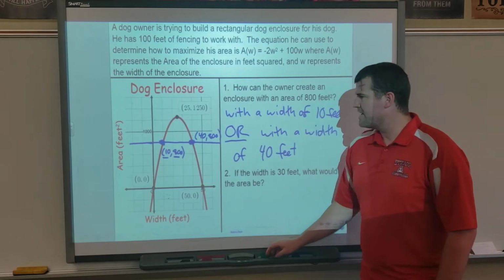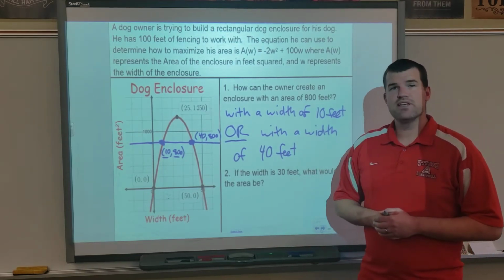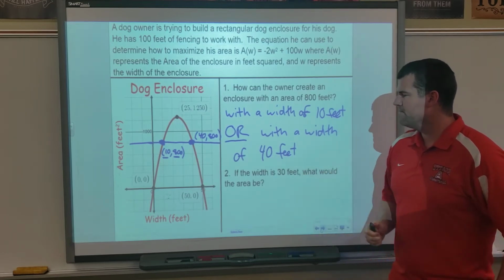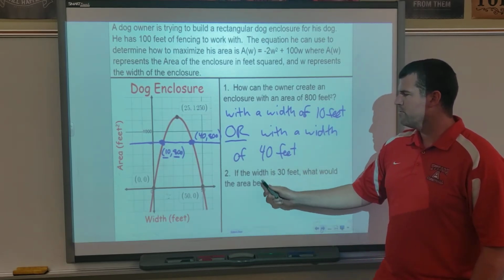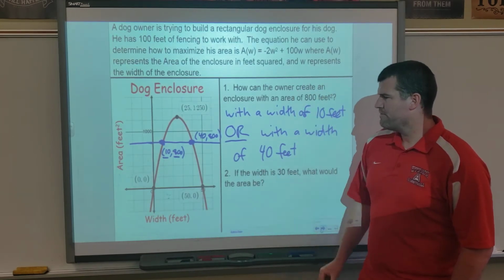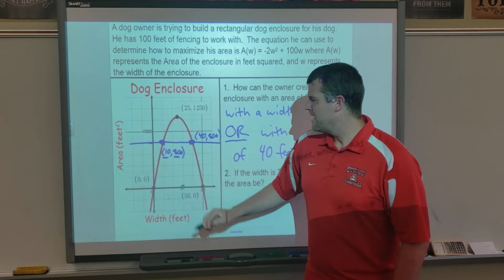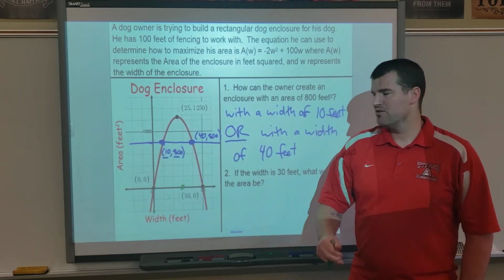Similarly, we could use the idea of a system of equations for finding what the area would be if our width was 30 feet. Because if we're talking about the width, we know that's referring to our x's. So if our x is 30 feet, I go to 30, so 10, 20, 30. And then I find where that value hits the graph.